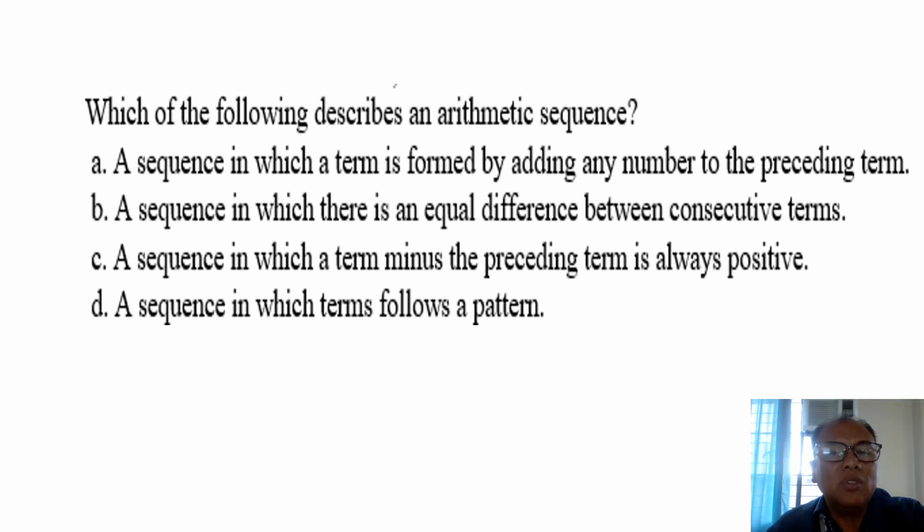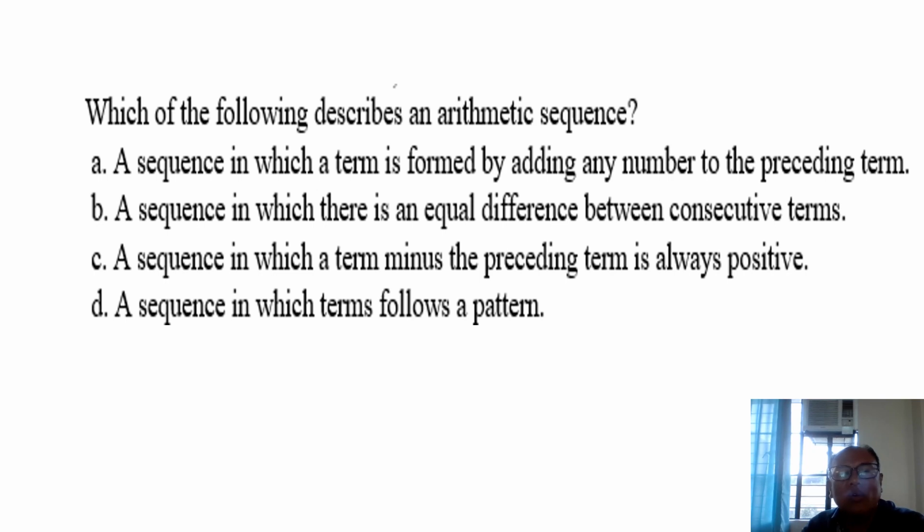For this problem, you simply analyze the given phrases. The question is this: which of the following describes an arithmetic sequence? A, a sequence in which a term is formed by adding any number to the preceding term. B, a sequence in which there is an equal difference between consecutive terms.